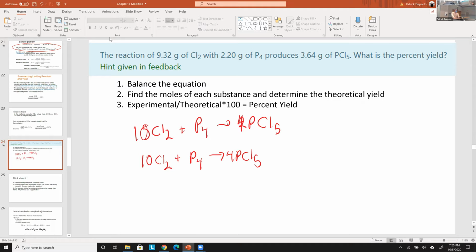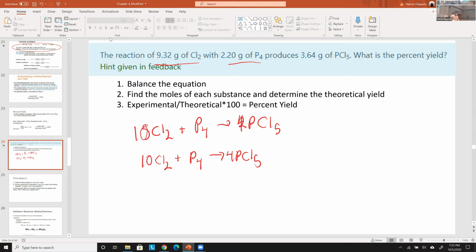Cool. All right, next. The reaction of 9.32 grams of Cl2 with 2.2 grams of P4. Automatically find the moles. Let's do that.